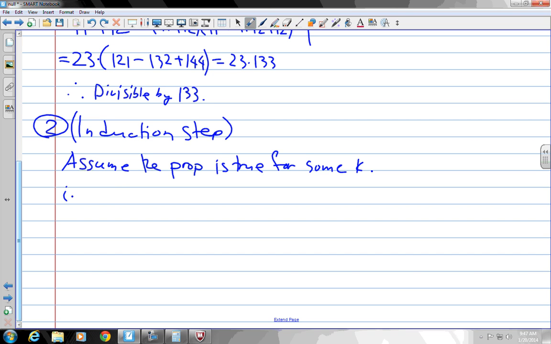So meaning 133 divides 11 to the power k plus 2 plus 12 to the power 2k plus 1. Okay. All right.